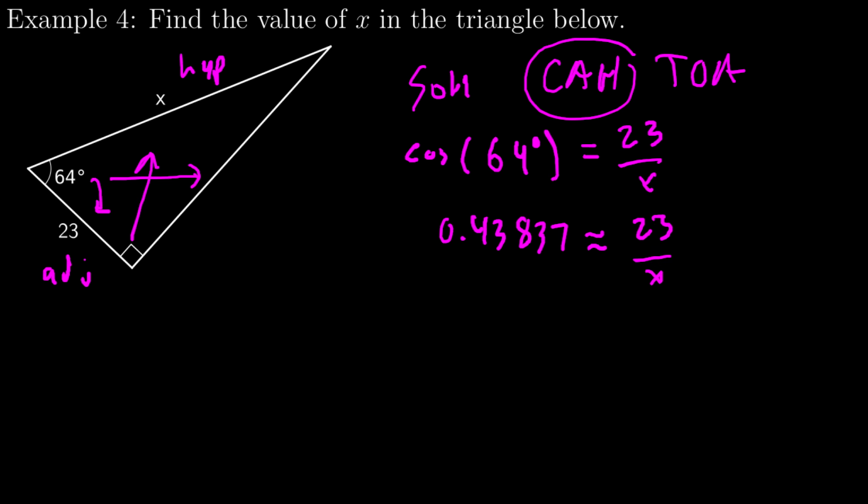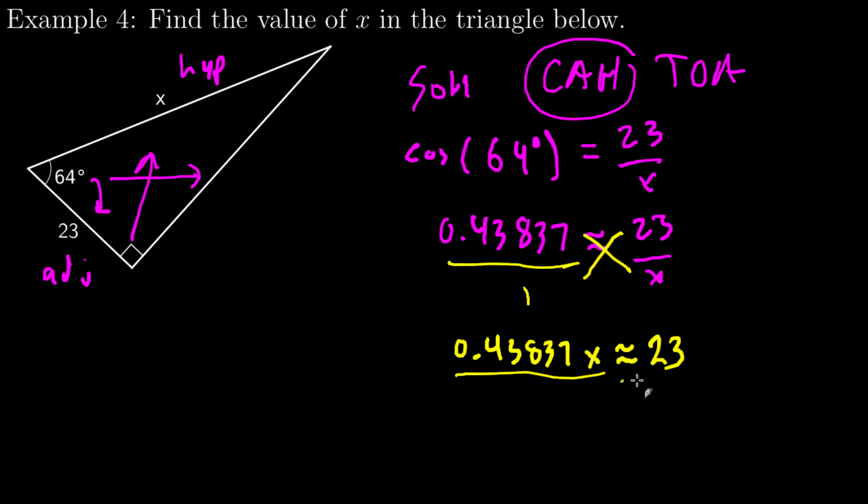Now I'm going to set up my proportion, cross multiply. So I'll get 0.43837x is approximately 23. Divide both sides by 0.43837.